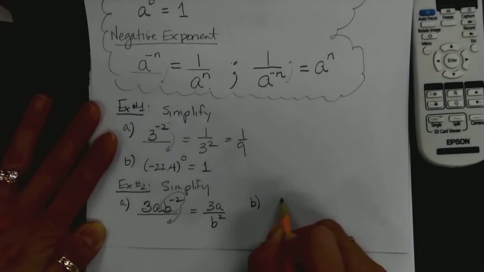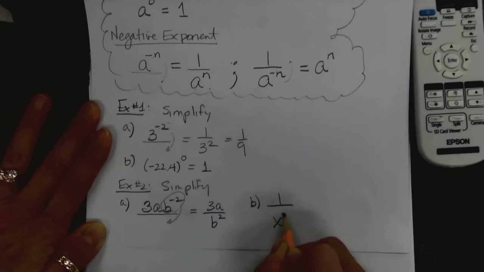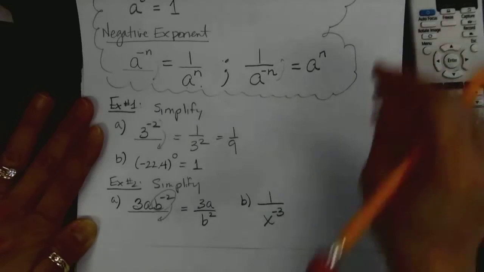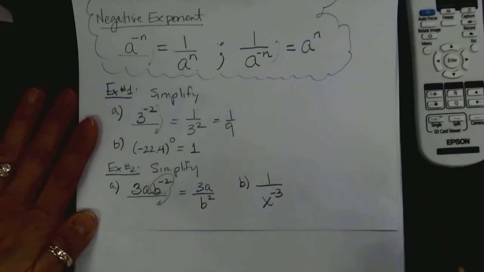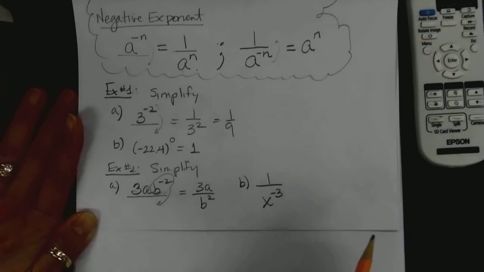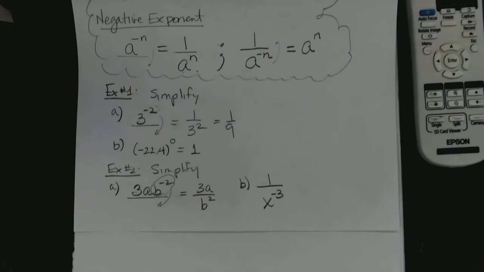Now let me do this. Let's try this one. What would it be if I had 1 over x to the negative 3rd power? So here's a reminder: if I ask you to simplify anything, I don't want any negative exponents and I don't want any 0 exponents today.